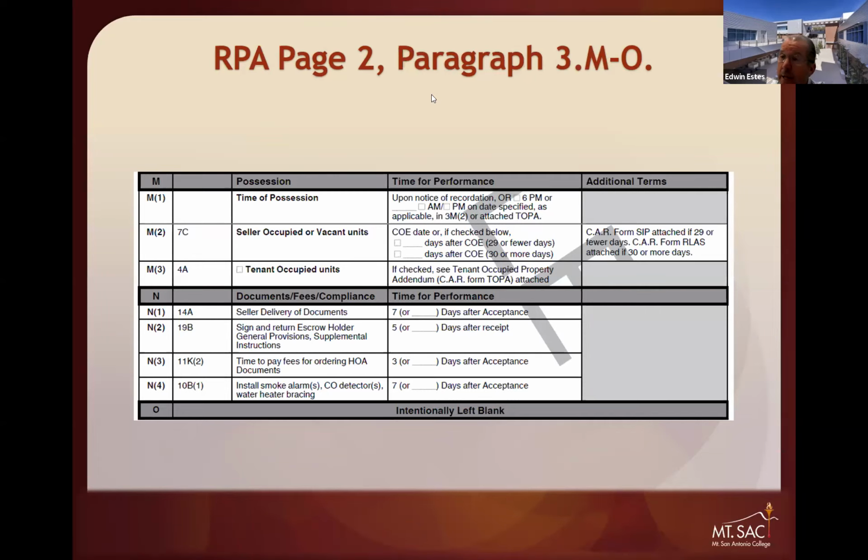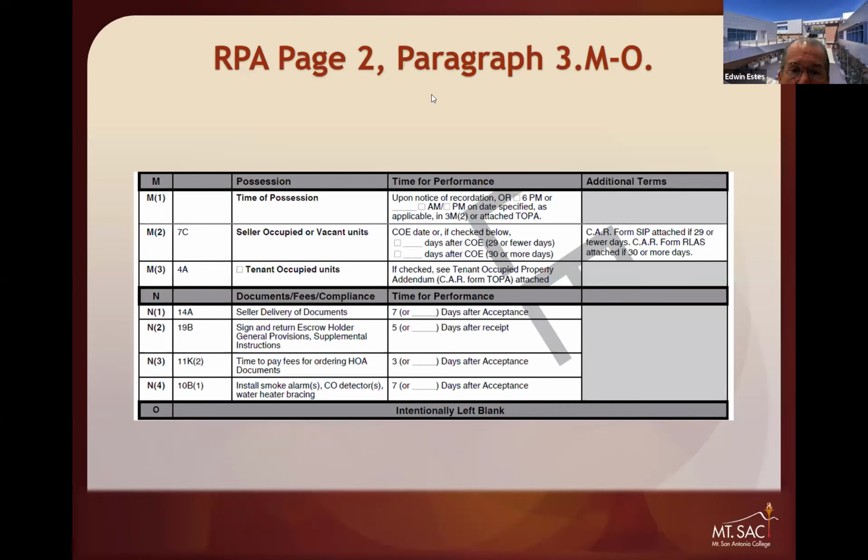So the reason the language is in here is to make it clear that if the buyer chooses to release contingencies early, then they're doing it on their own and not on the recommendation of the agent. Okay, so hopefully that will protect the agent if the buyer comes back and says, hey, you should have told me not to release my contingencies. The agent can come back and say, not only did I tell you, it's in your offer, right?